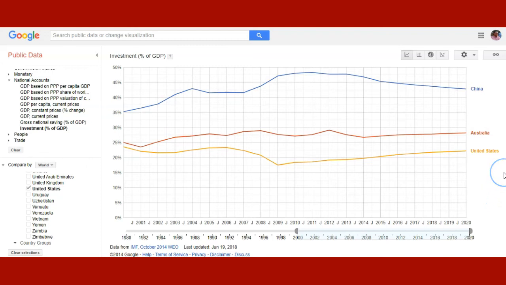Another factor which could contribute to economic growth is flows of income into and out of a nation, and we can see this in the current account balance of a country.